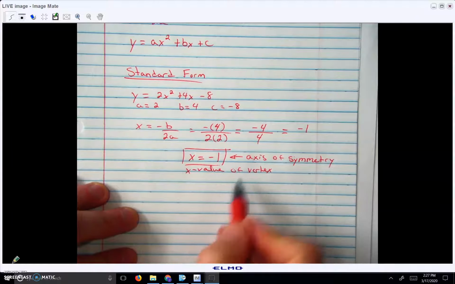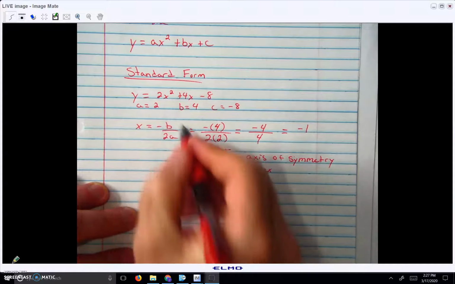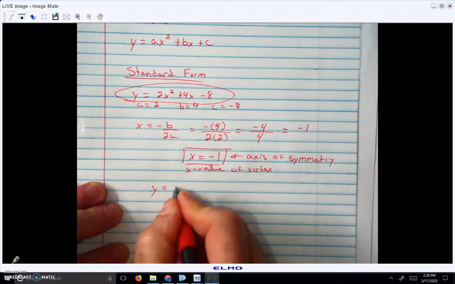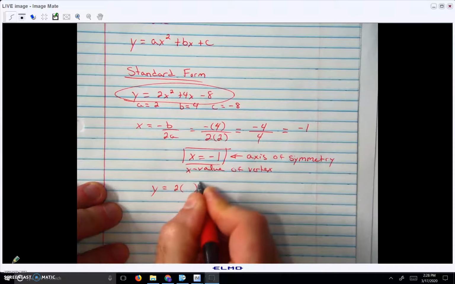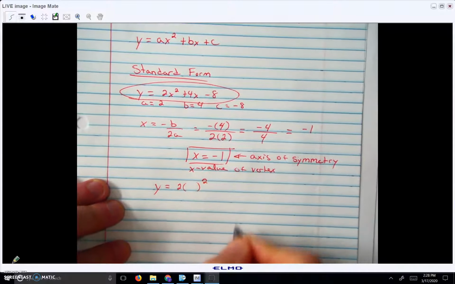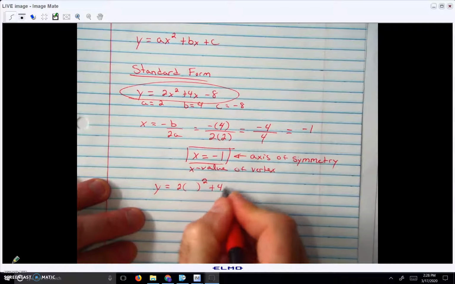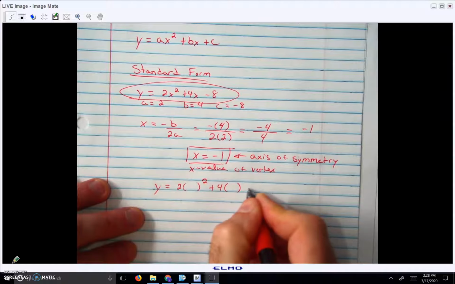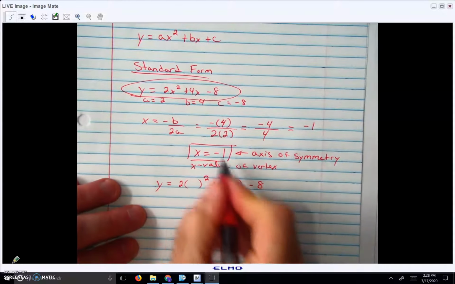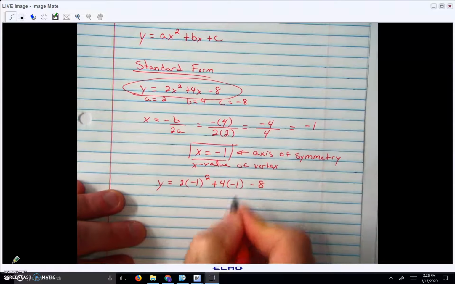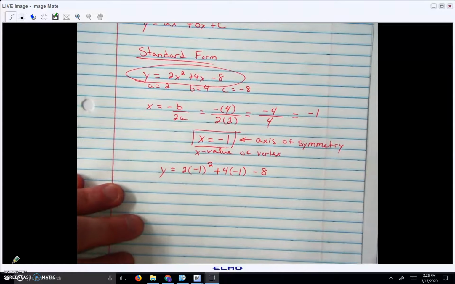If I want the y value of the vertex, I simply take that and plug it back in to my equation. So y equals 2, and I'm going to replace each of those x's with a set of parentheses. So 2 times a set of parentheses squared plus 4 times a set of parentheses minus 8. And then I'm going to substitute in my negative 1 into those parentheses for my x values.